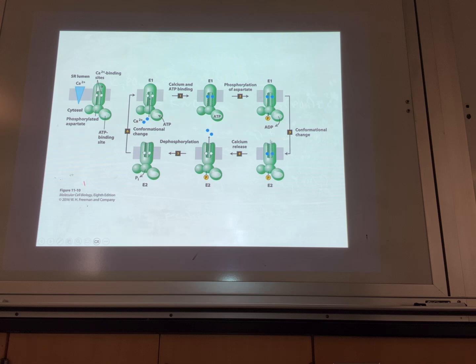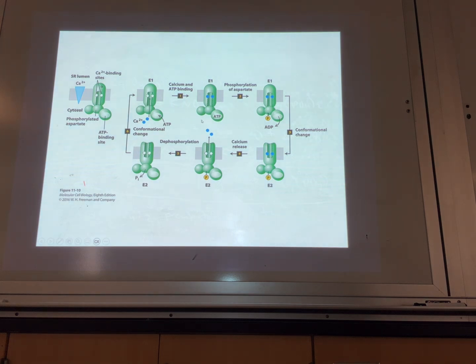Once we do that, now we're facing the lumen rather than the cytosol. Calcium's released due to a drop in the affinity for calcium when we're in the E2 state. That allows them to be released. The phosphate gets removed by an enzyme, and we switch back to the E1 state, and we're ready to do it all over again.